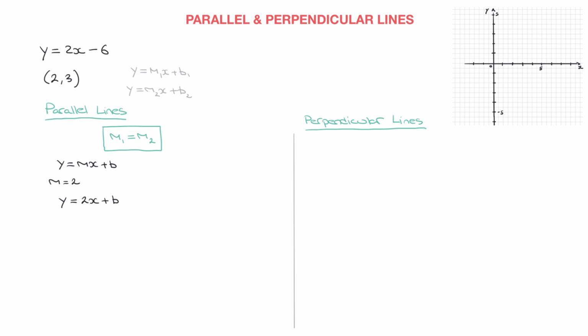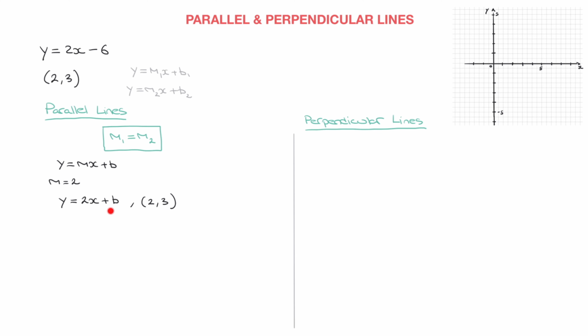We're nearly there. All we have to do now is figure out what b is. And for that, we'll make use of the fact that this line has to pass through the point with coordinates 2, 3.